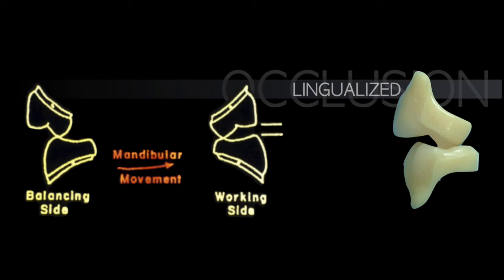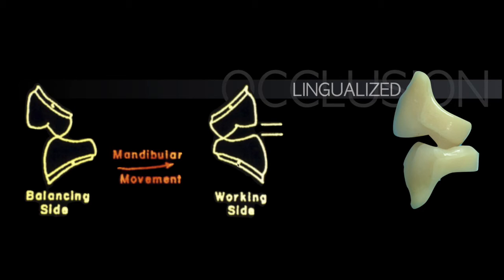Does lingualized occlusion have a balancing occlusion? The answer is yes. The way it achieves bilateral balancing occlusion is that on the balancing side, the buccal cusp of the mandibular teeth will be in contact with the maxillary lingual cusp.